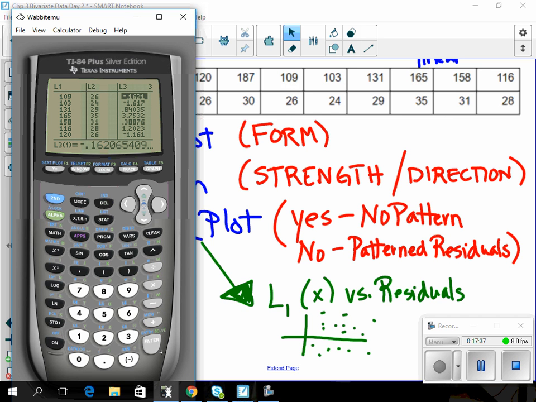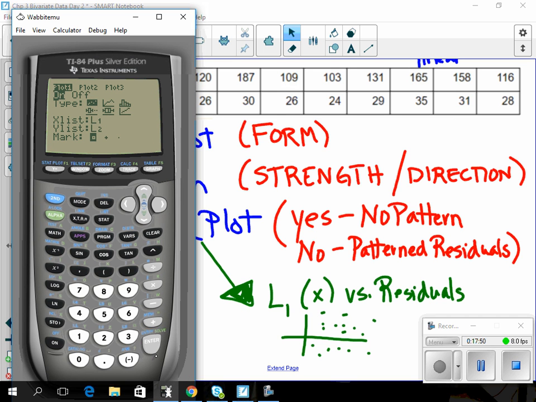I'd like to graph the residual plot. So how do I do that? So I'm going to go ahead and go to residual plots. I'm going to turn plot 1 off because I don't care about plot 1 anymore. Is that okay? I'm going to care about it, but I don't want it to go away. And then I'm going to go back and I'm going to turn plot 2 on.